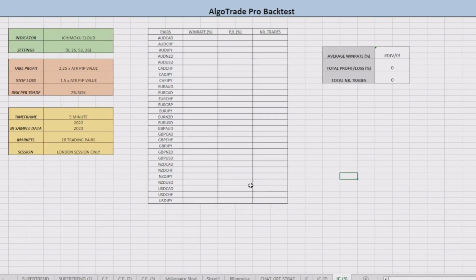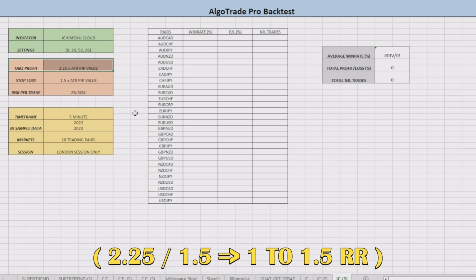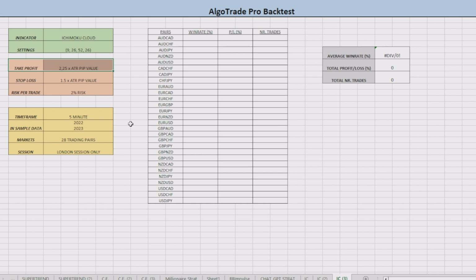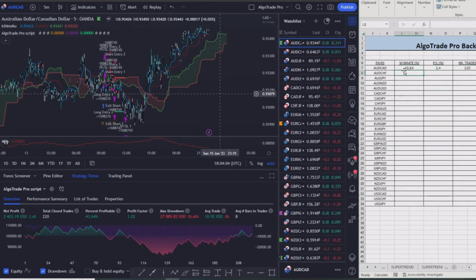I will backtest all the same 28 pairs in the 5-minute time frame using a stop loss at 1.5 times the ATR pip value and a take profit at 2.25 times the ATR pip value. So the risk to reward of every single trade is 1 to 1.5. And I will make it so that the algo can only take trades during the London session. Let's do it.